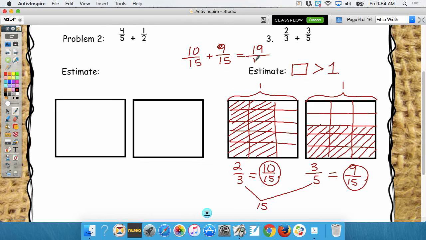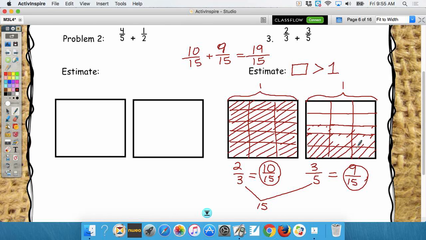19/15. Okay, and that's an improper fraction, isn't it? So more or less than 1 whole? More. So how many do I need to move over? 5. I've got to move 5 over. Is that 5? Yeah. Okay. So if I move 5 over, put my lines back on there.